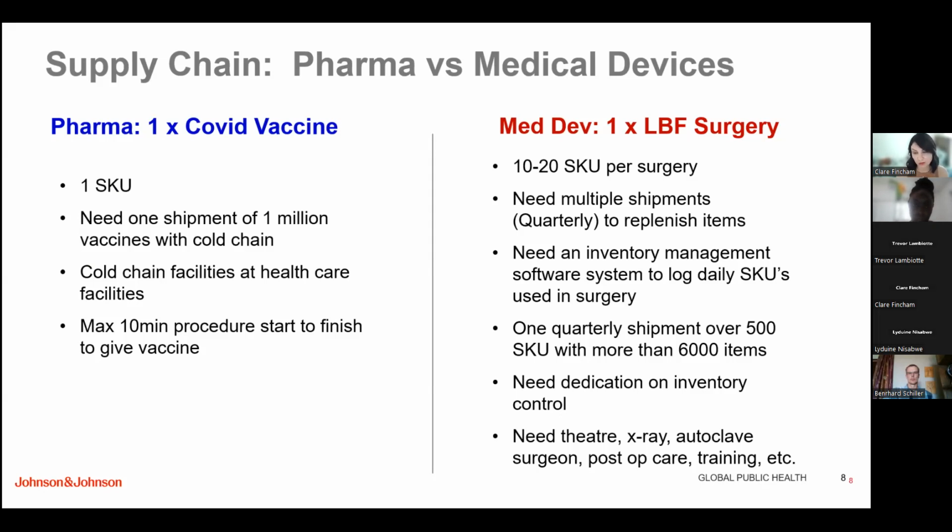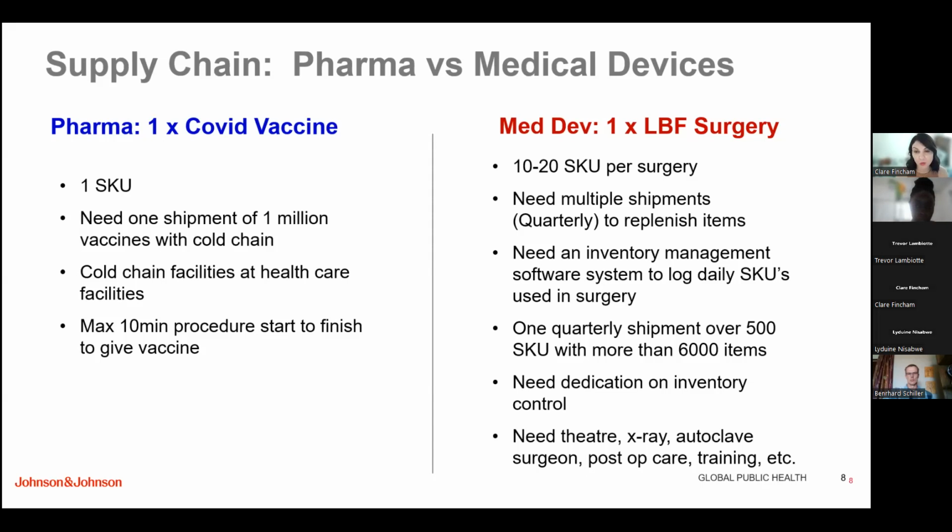You need one shipment of 1 million or however many vaccines, obviously in cold chain. Then you need cold chain facilities at the healthcare facility you're going to deliver it to. And when you start administering it, you will probably need less than 10 minutes to administer the vaccine. So this is very, very high level on what you will need for one COVID vaccine, right?